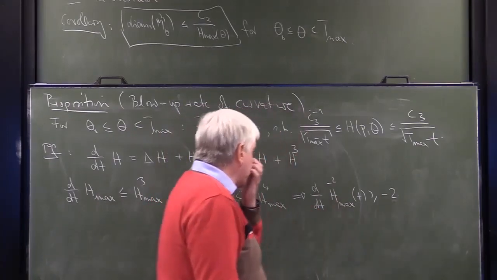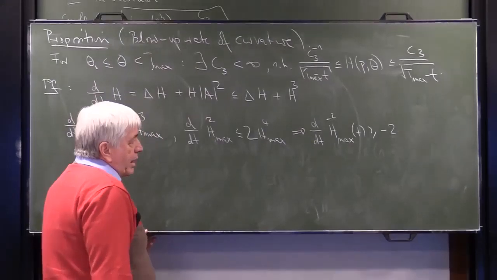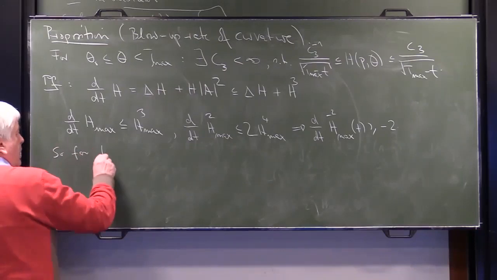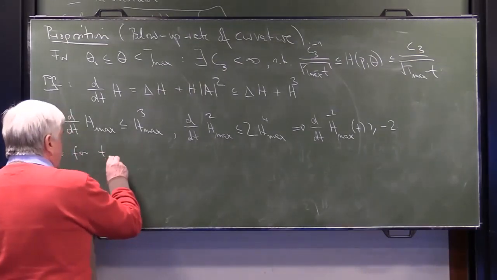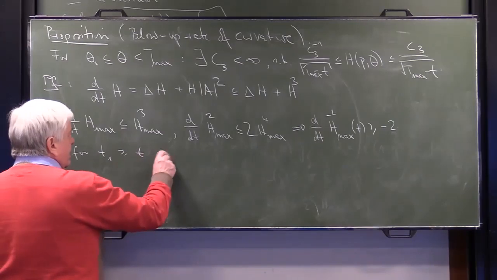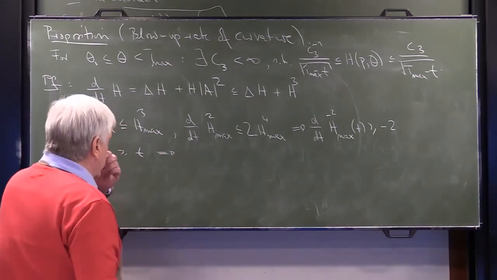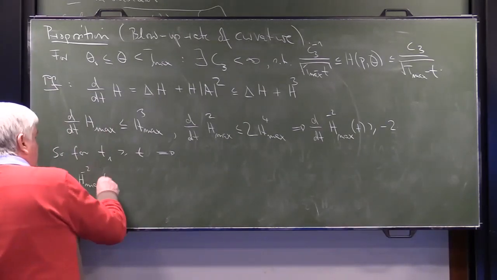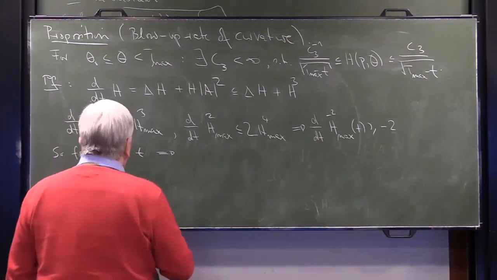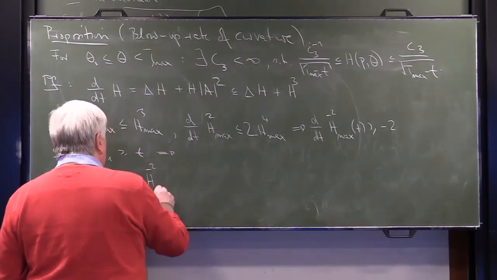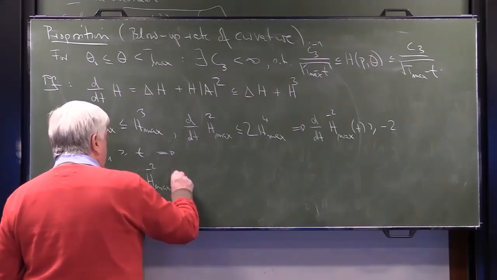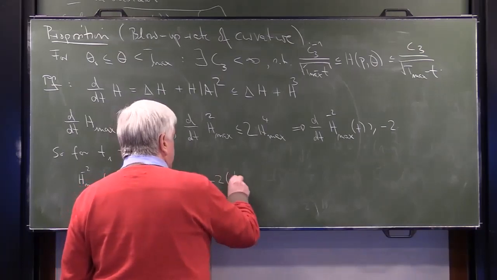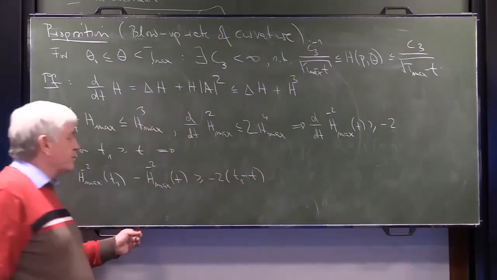So we get a minus 2. And then integrating this, for t1 bigger than t, we get that h max to the minus 2 at t1 minus h max to the minus 2 at t must be bigger than minus 2 times (t1 minus t).